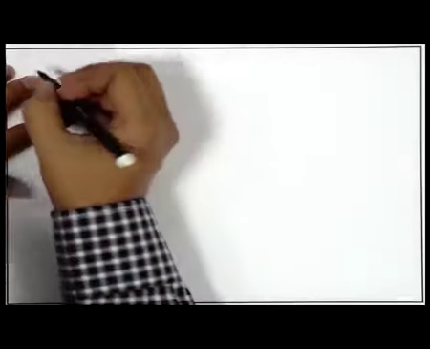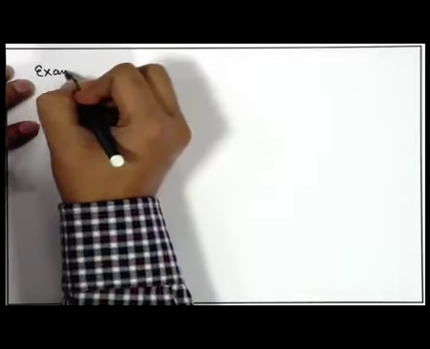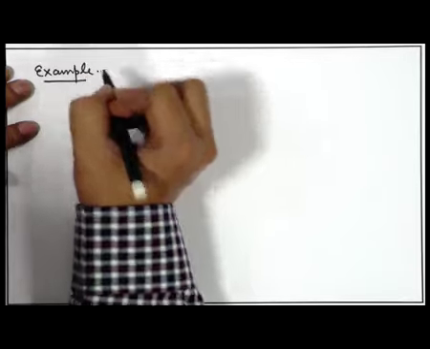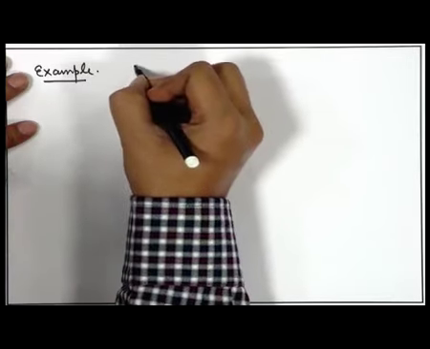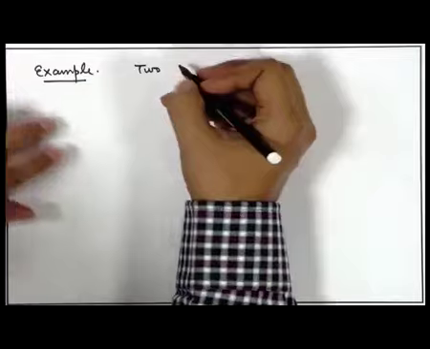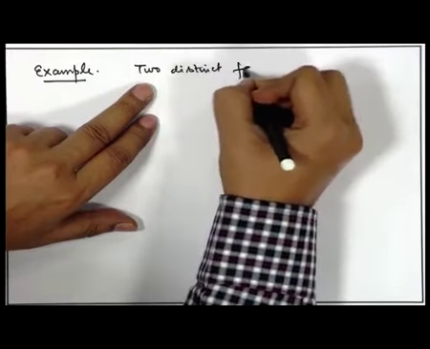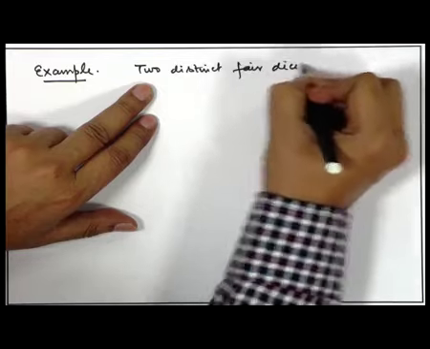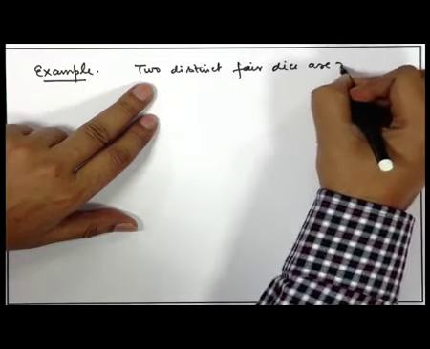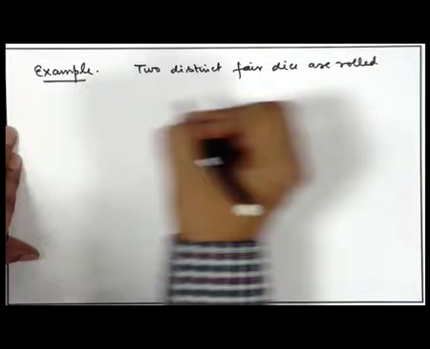So, let me look at some more problems here. Two distinct fair dice are rolled once.